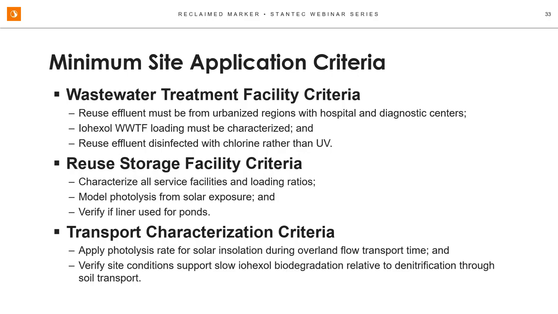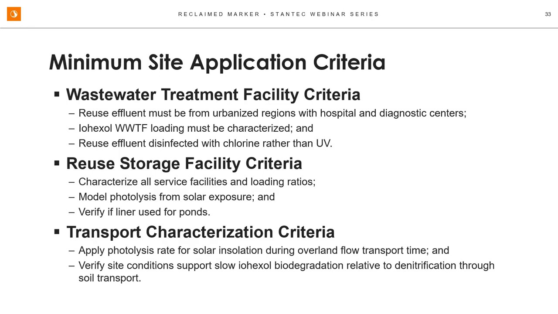Relative to the wastewater treatment facility criteria, the first one's somewhat, I guess, intuitively obvious, but you have to have reuse effluent from urbanized regions with hospital and diagnostic centers. But sometimes in urbanized regions, they may have multiple treatment facilities, and it may be that the hospital diagnostic waste predominantly goes to 1 or 2 of those and not the others.